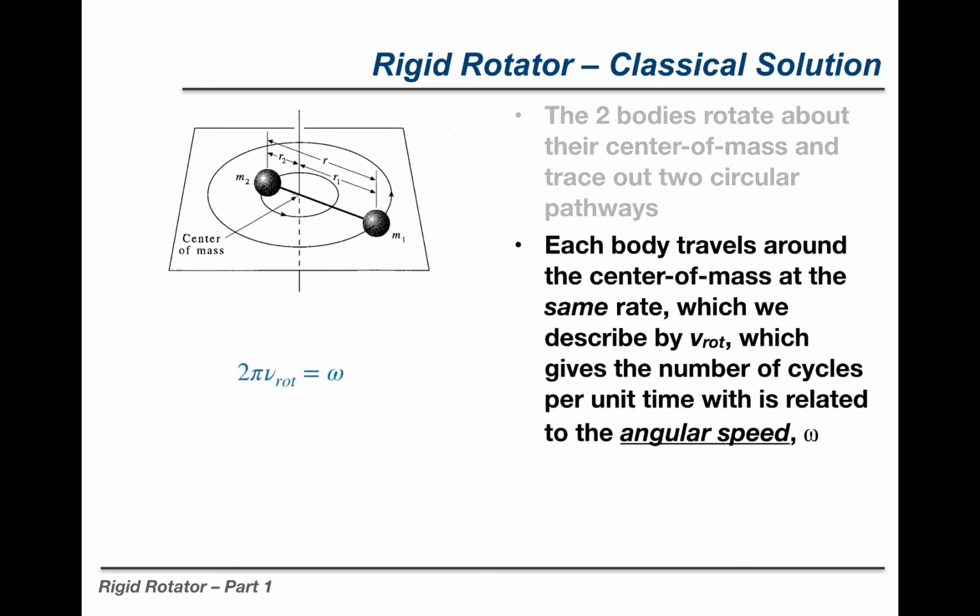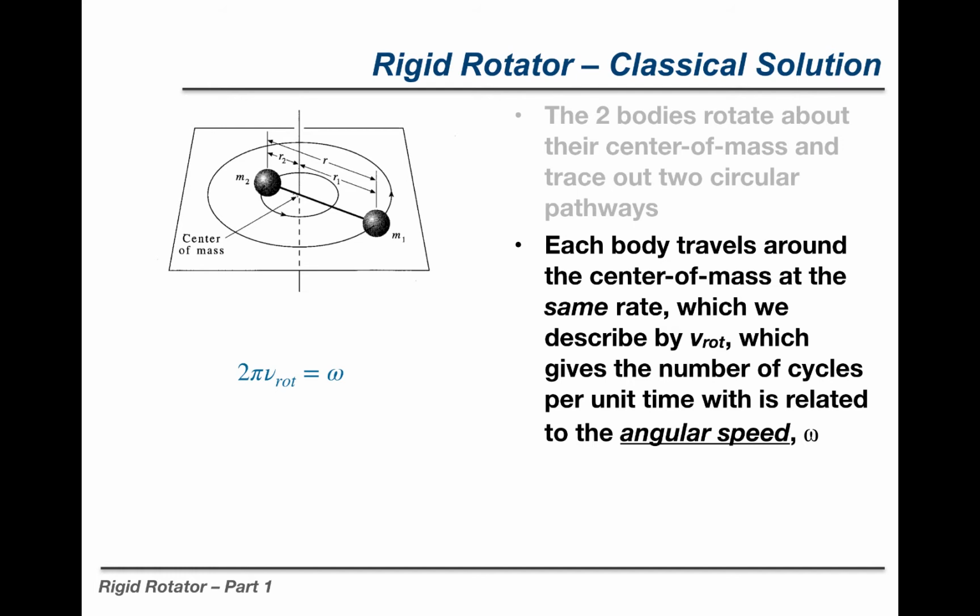If we think about how those two bodies move, while the distance traveled by mass 1 and the distance traveled by mass 2 when they each carry out a single orbit will be different, the time it takes for an orbit to be completed, or the time it takes for mass 1 or mass 2 to carve out a pathway that maps completely 2 pi radians around the center of mass, has to be the same for both.